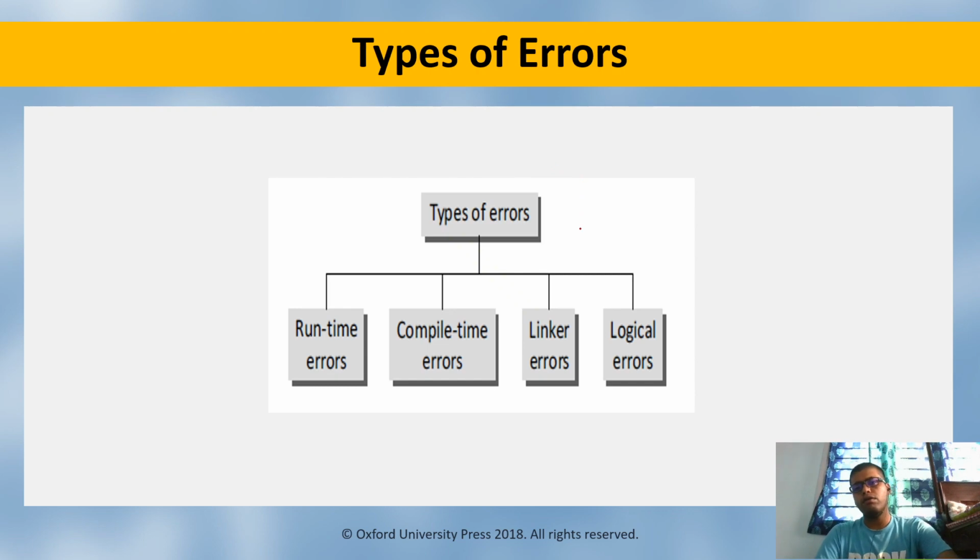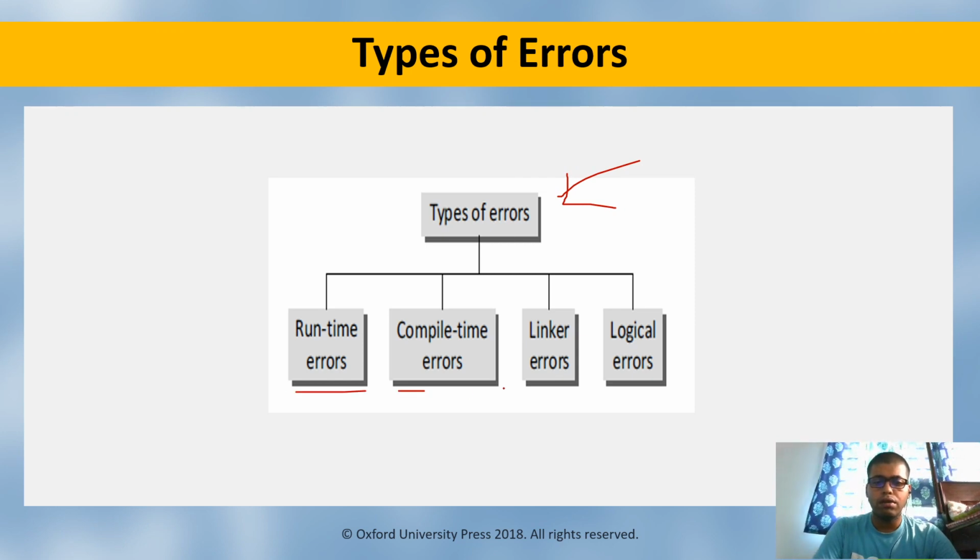Now, whenever we design or make some programs, there must be some errors. What types of errors? There will be runtime errors, compile time errors, linker errors, and logical errors. Logical errors can only be understood while doing the programming. Compile time errors and runtime errors are generated when we run a program: we first compile, which gives compile time errors, then we run the program.